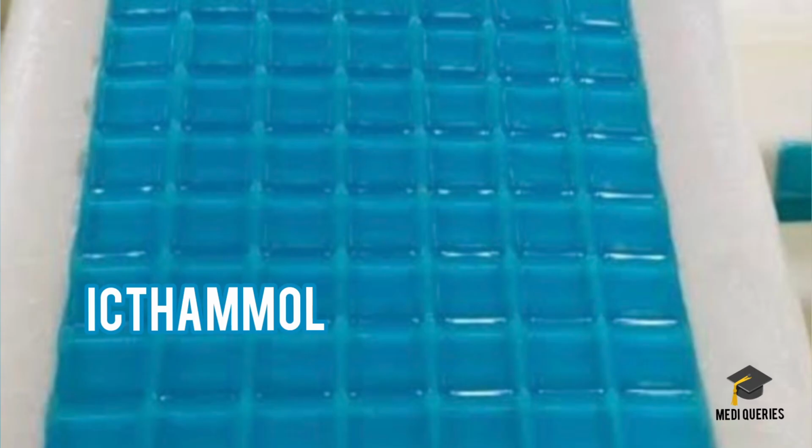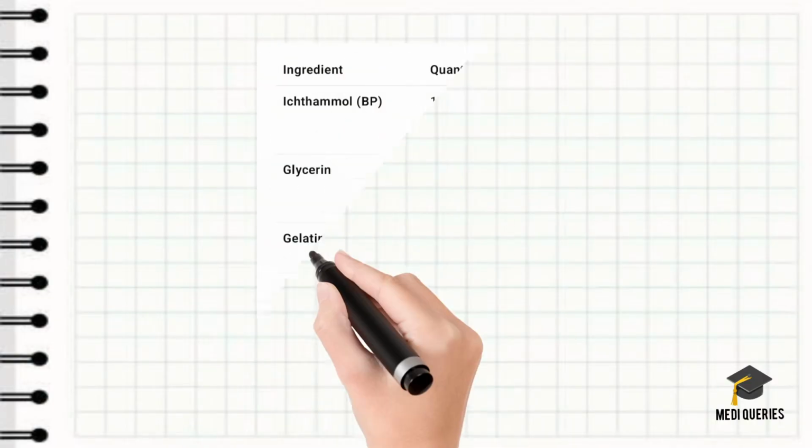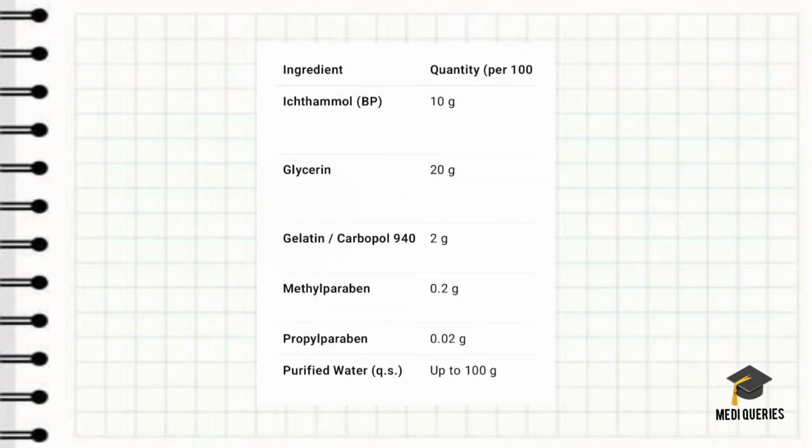Okay, let us see the formulation of the ecthamol jelly. The formulation includes 10 to 20% ecthamol dispersed in a water-soluble or water-miscible gel base. Common gelling agents include carbopols, methyl cellulose, or tragacanth gums. The base may also contain glycerin or sorbitol as a humectant, and preservatives like methyl parabens to prevent microbial growth.